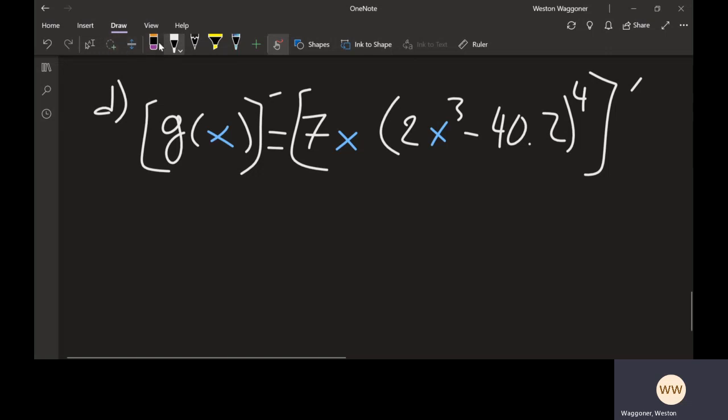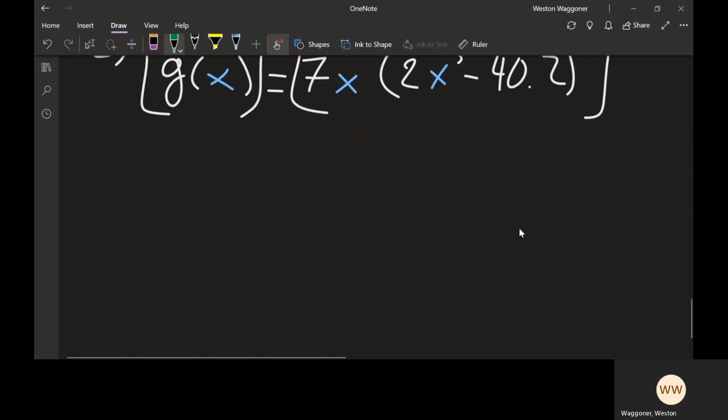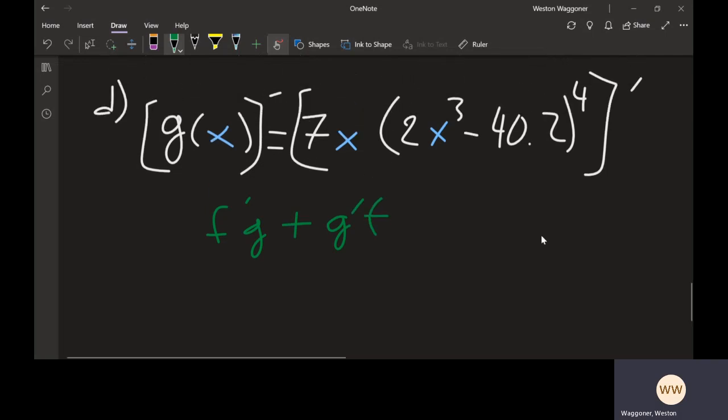So I'm going to write this roadmap: f prime of g, I'll show you what I'm calling g, plus g prime of f. All right, this is the notation where this 7x is going to be our f, and everything else is going to be our g.